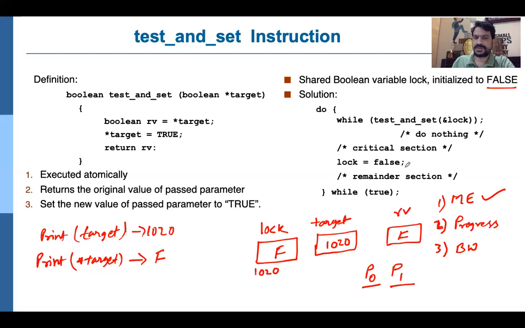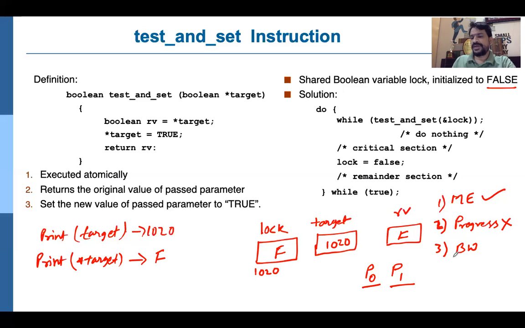That is possible because we don't have any variable which will talk about the interest of the process. So if one process is executing here again and again, it can go. Another process which is waiting here will not get the chance to go into the critical section. So progress doesn't exist here.